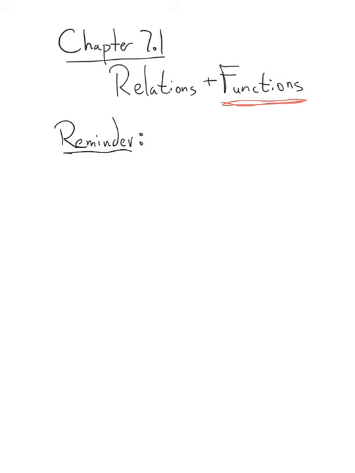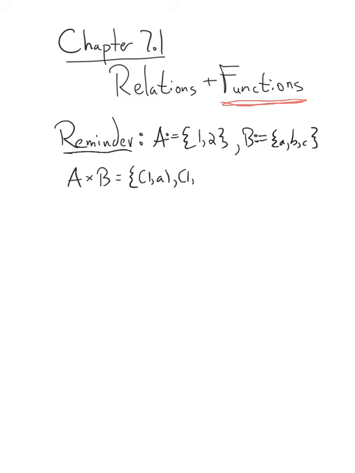So, if A is the set, I don't know, 1, 2, and B is the set A, B, C, then remember the Cartesian product, A cross B, is all possible ordered pairs of elements where the first element is in A and the second element is in B. So we're going to have 1A, 1B, 1C, and then we're going to have 2A, 2B, and 2C.